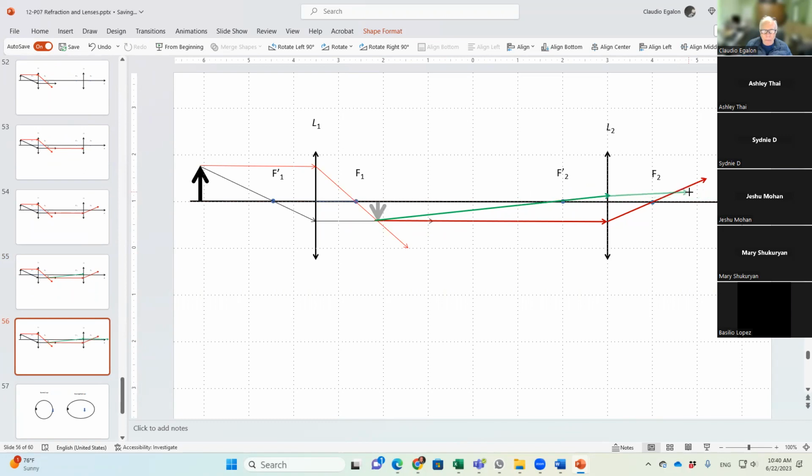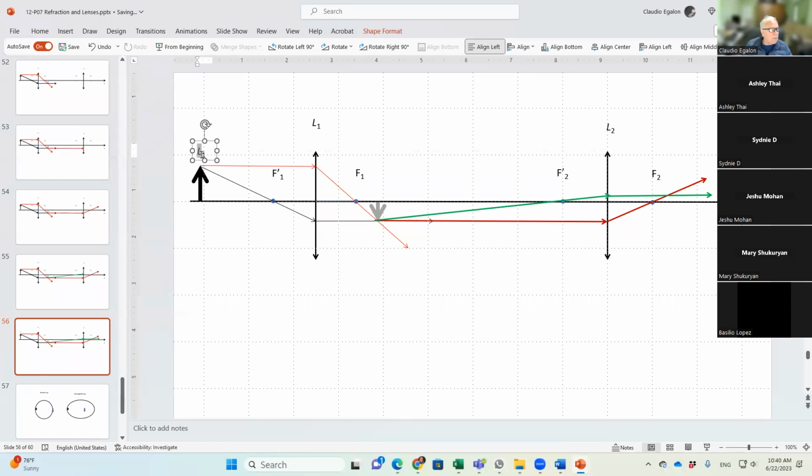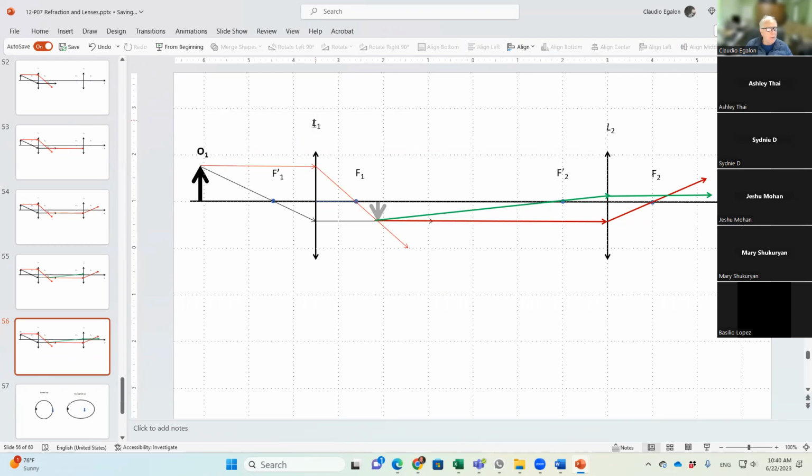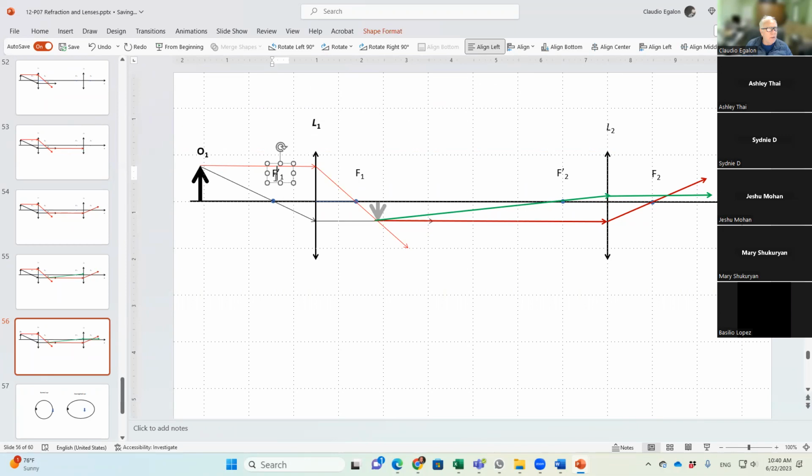And finally, we form the image of, let's call this one object of one, capital O. And I'm gonna bold-face it as well. Everything here is gonna be bold-faced.